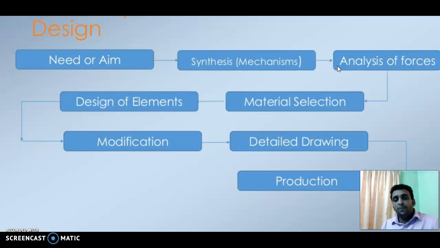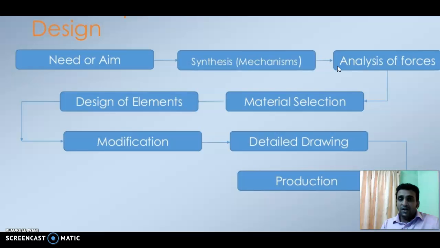That means how that product looks. That is the design of elements. Then after that, if any modification is required, we can go for modification. Then after that modification, we can prepare a detailed drawing for our product. That is the detailed drawing section. Once we complete the detailed drawing, we can go for the production area.